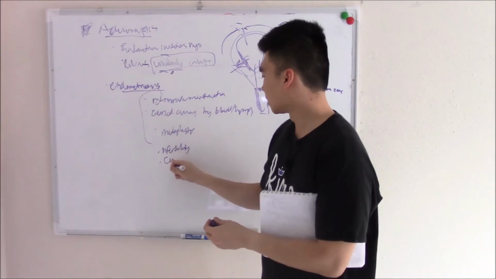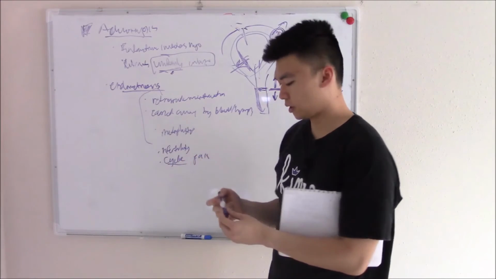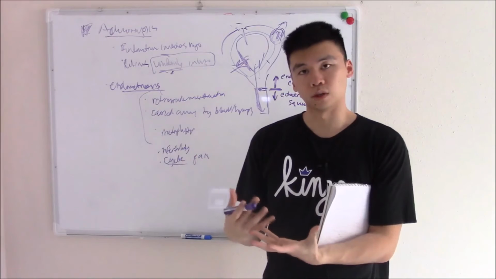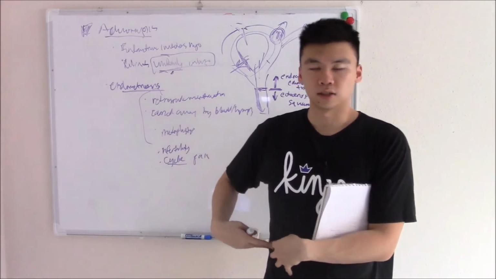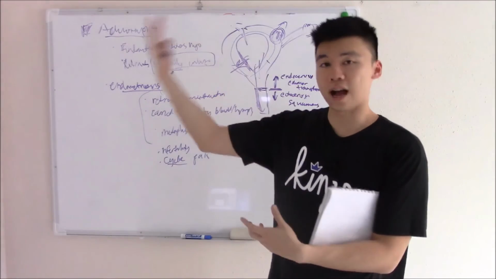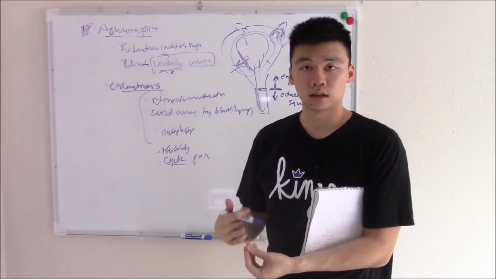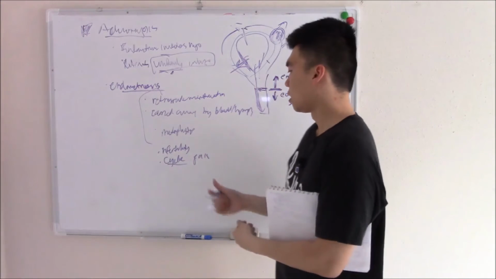But the biggest giveaway is cyclic pain. Your endometrium responds to hormones. And if it's implanted in your ovary, or it's implanted on your bladder, or it's implanted where have you, then during your cycle, it can grow and respond, and that causes cyclic pain.